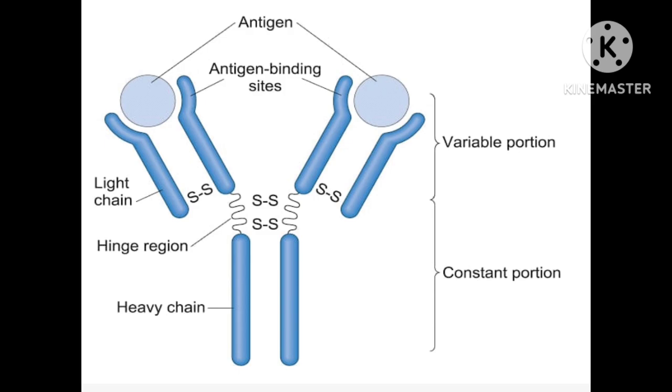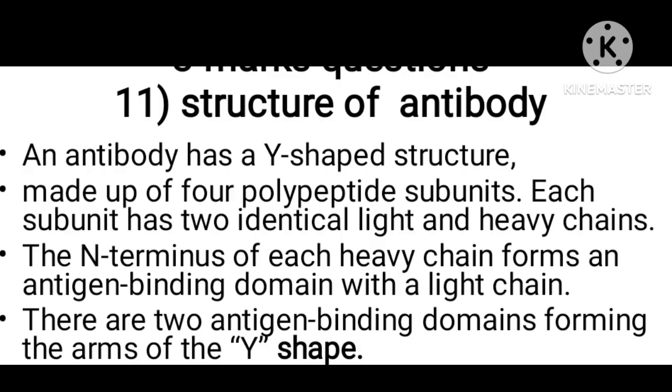Structure of antibody. Here a picture is also there, so you can draw the diagram and write a little bit. An antibody has a Y-shaped structure made up of 4 polypeptides. Each subunit has 2 identical light and heavy chains.